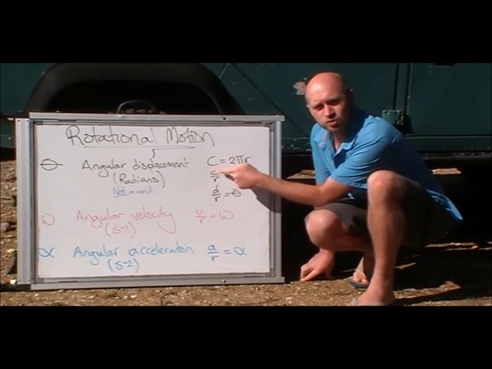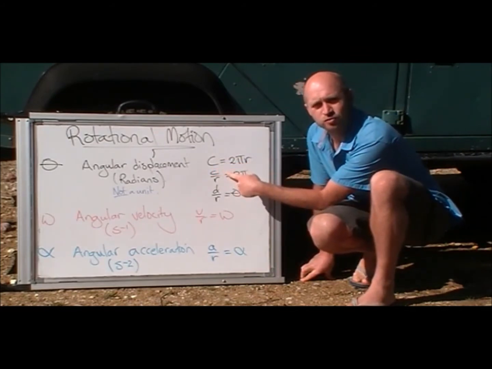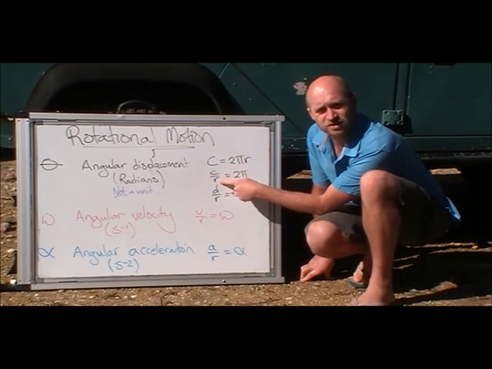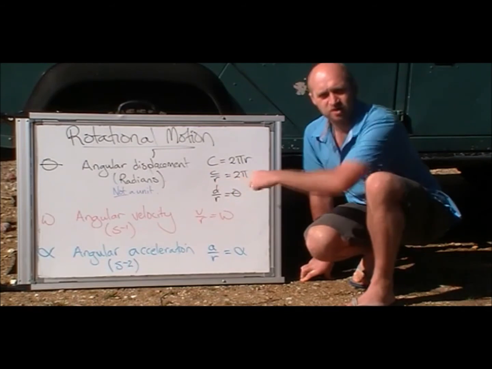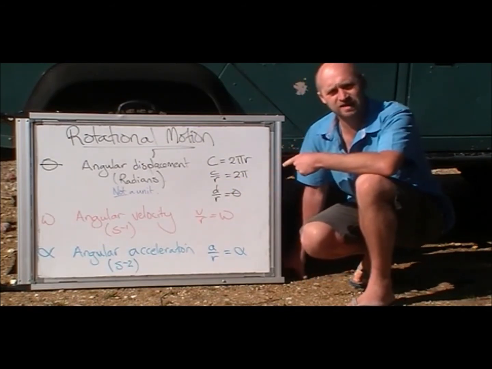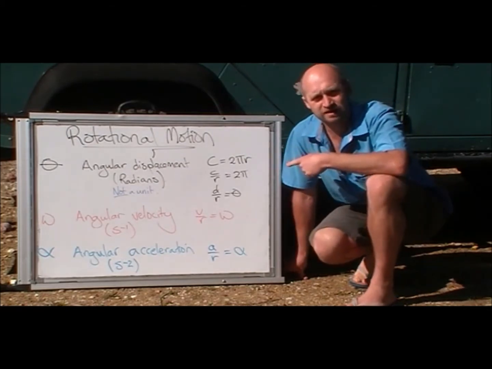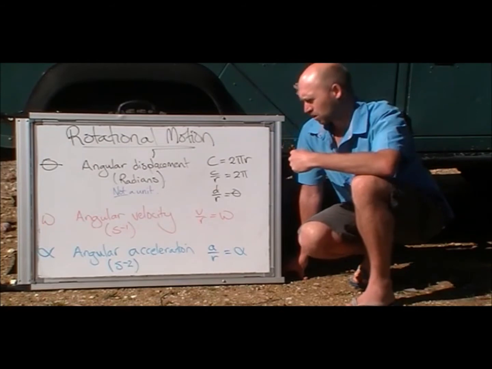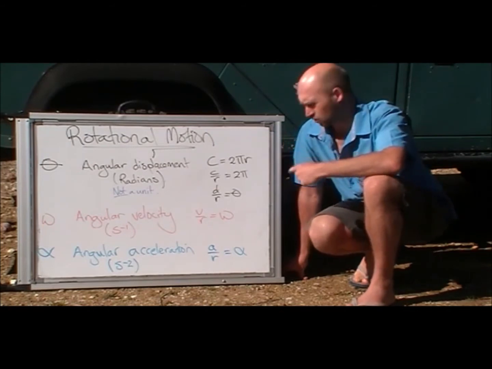Circumference is 2 pi r. You all know that from day one. Circumference over radius, we can rearrange to make that equal 2 pi. What's 2 pi? That's the angle. That, in fact, is the equation for linking our linear distance around the edge of a circle, the arc length, with the angle.